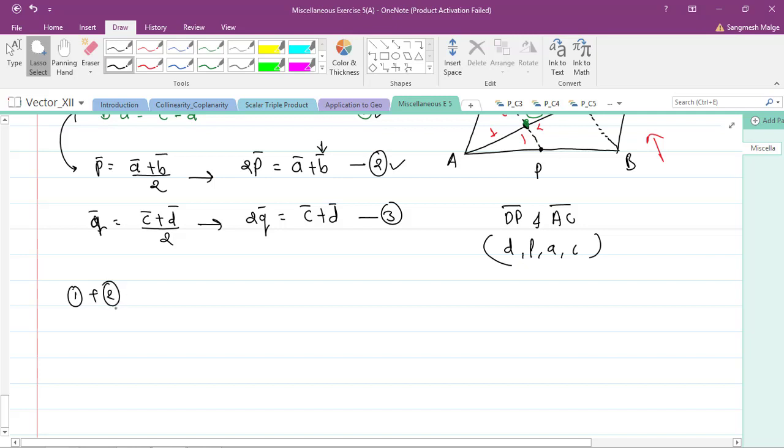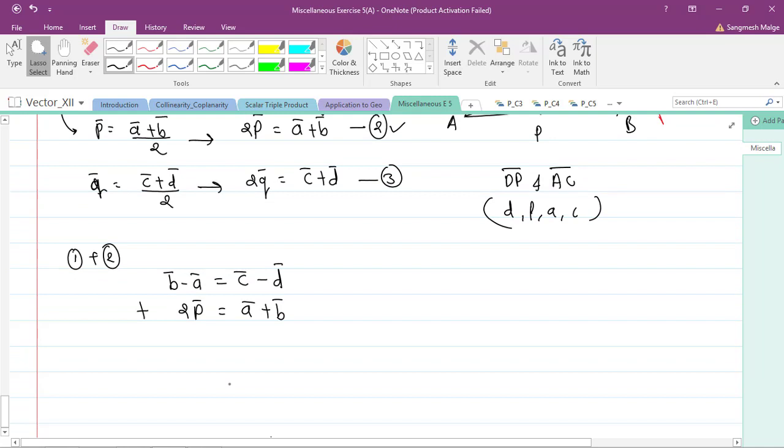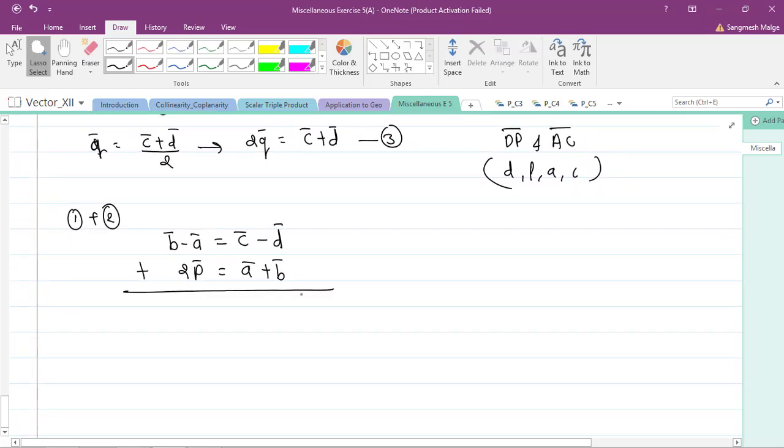1 plus 2, what will you get? 1 is B bar minus A bar equals C bar minus D bar, plus 2P bar equals A bar plus B bar. So I am just removing the B bar from the second equation.